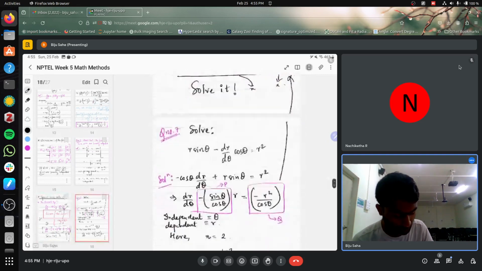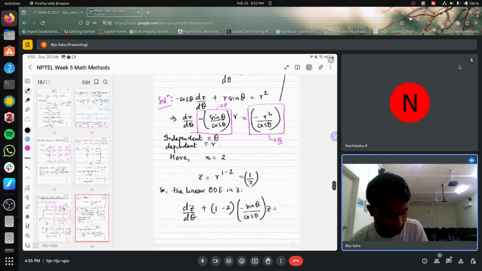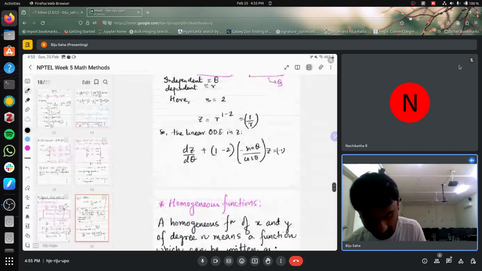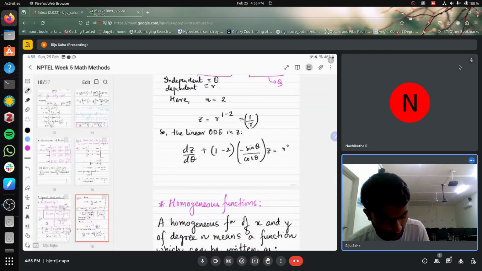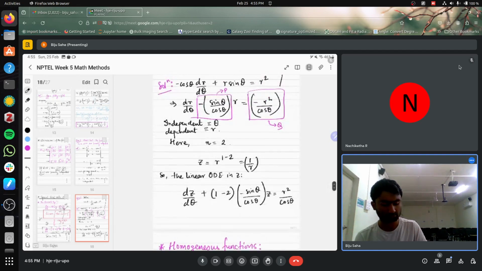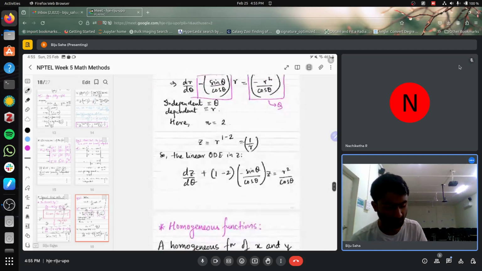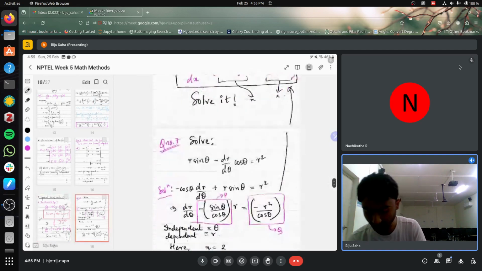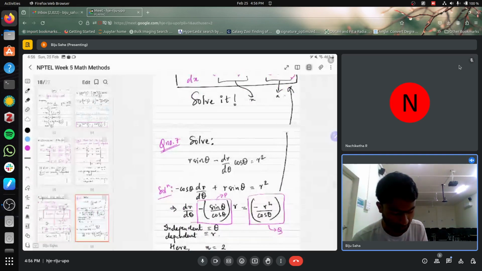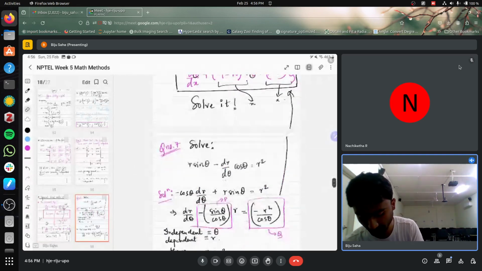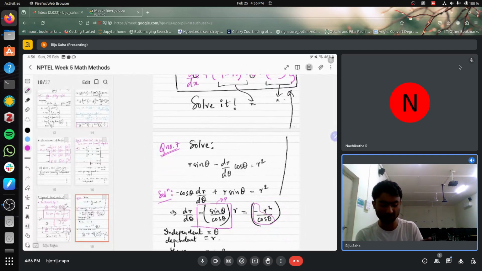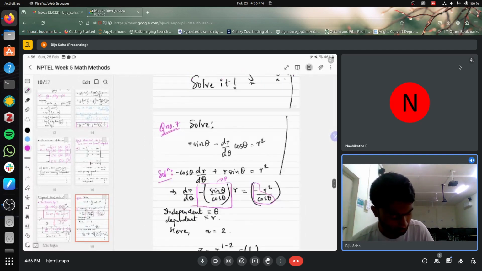Again, 1 minus n is basically minus 1, and minus r square cos theta, that is essentially... Oh, sorry, it involves r square, so it has to be minus of cos theta, so the entire thing is now my q. It is minus 1 by cos theta, minus of sec theta is my q.